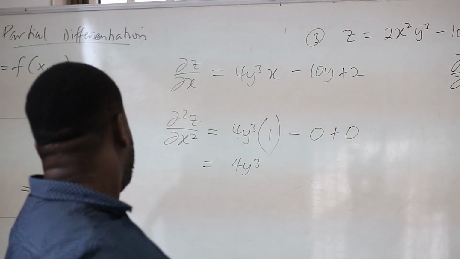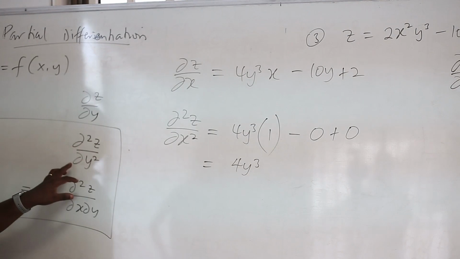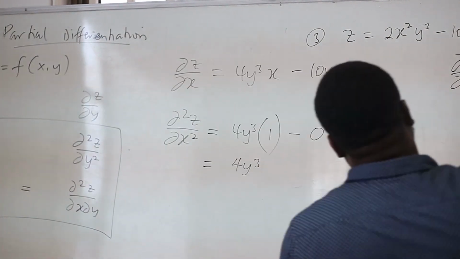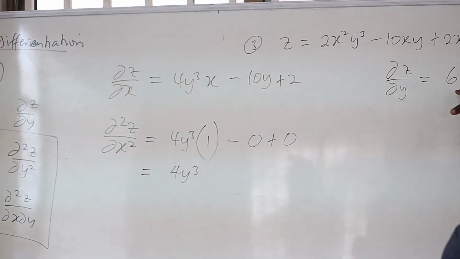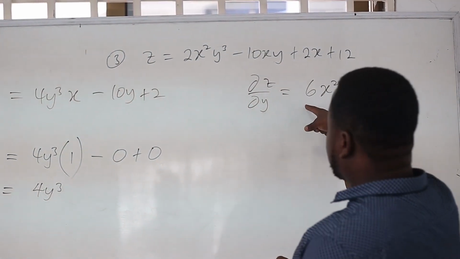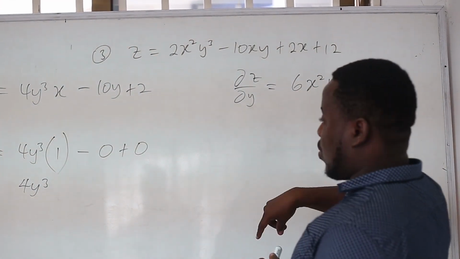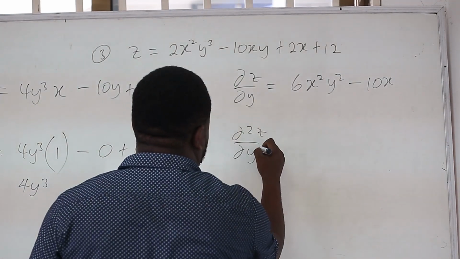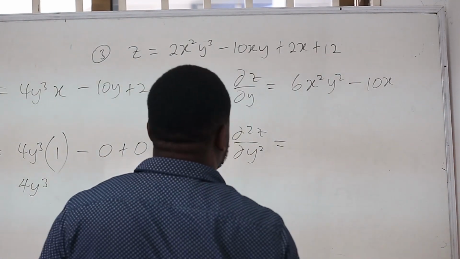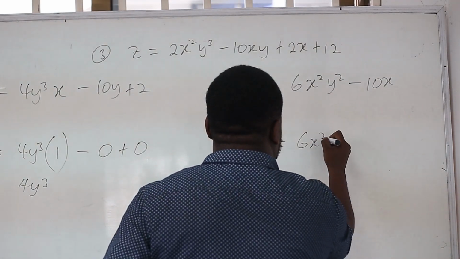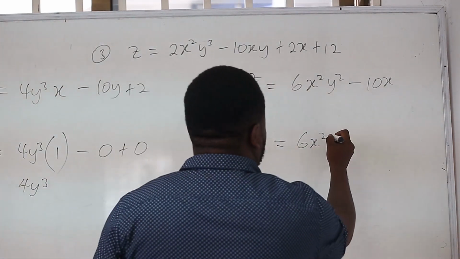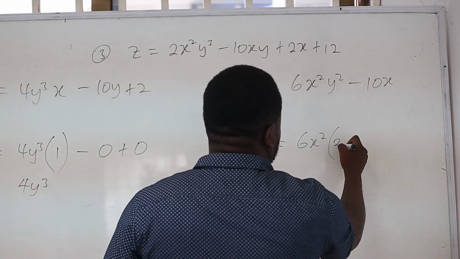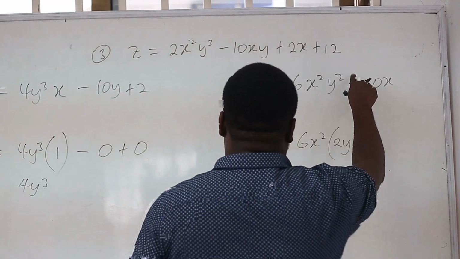Then we'll find d²z/dy². d²z/dy² is differentiating this function with respect to y. So s is constant in this case. So 6s squared is constant. We differentiate with respect to y, so 2 comes down, we have 2y, 2 minus 1 gives us 1.